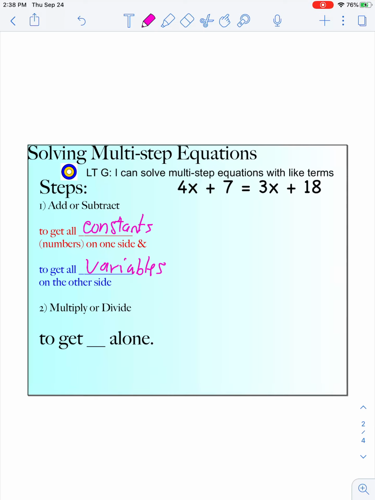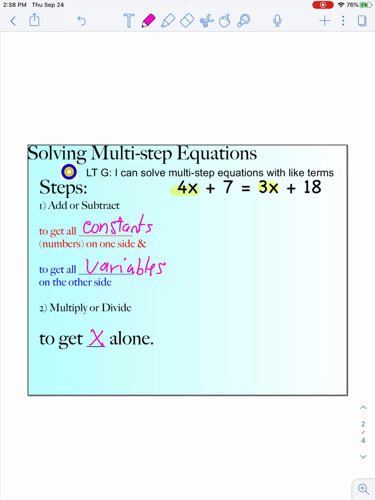So basically our goal is to get our variable isolated, but since we have variables on both sides of the equation right now, like this, we have to add or subtract so that all of the plain old numbers, the constants, are on one side and the variables are all together on the other. And then once we get that, we multiply or divide to get our x value alone.